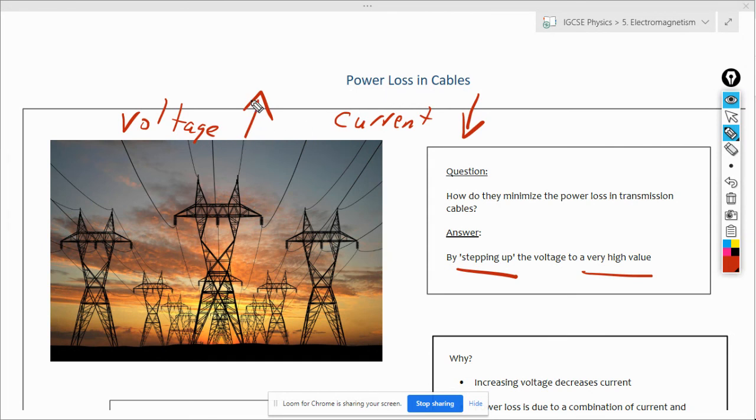So they step up the voltage to a very high value in order to decrease the current to a very low value, to reduce the heat loss by the current encountering resistance in the cables, because you can't have a perfect conductor. Every cable has some resistance to it.